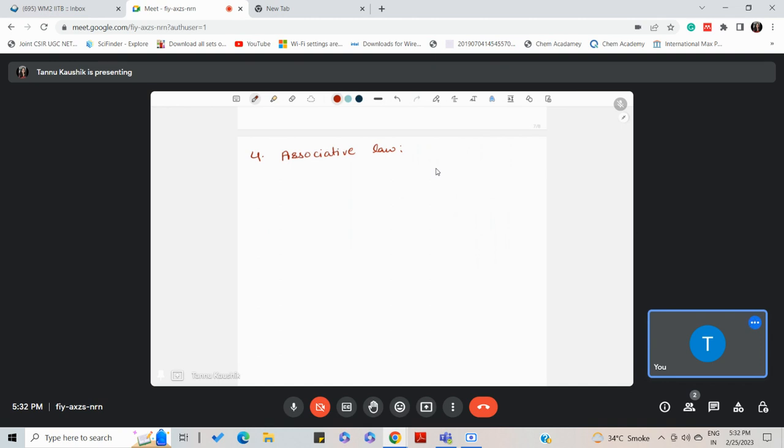It says that the associative law of multiplication must be followed by the symmetry operations of a group.